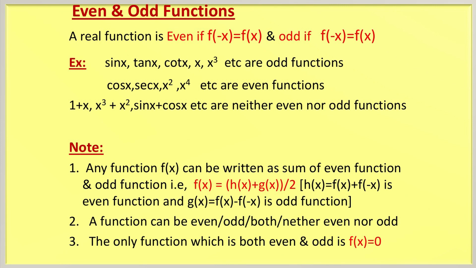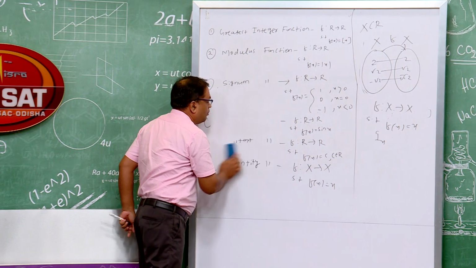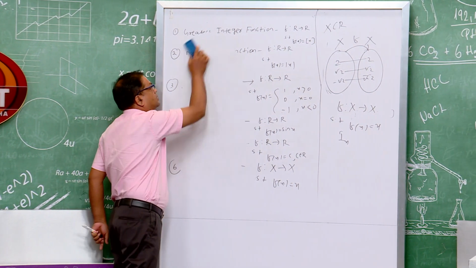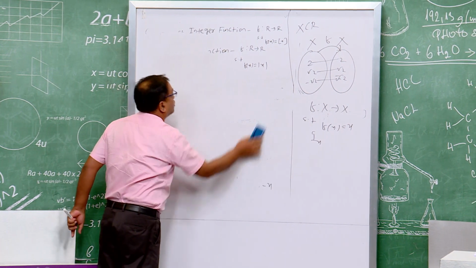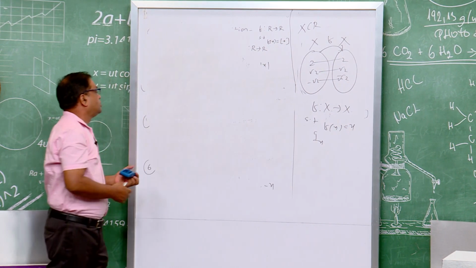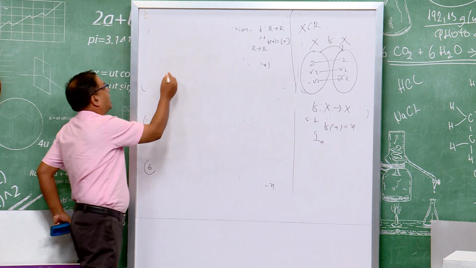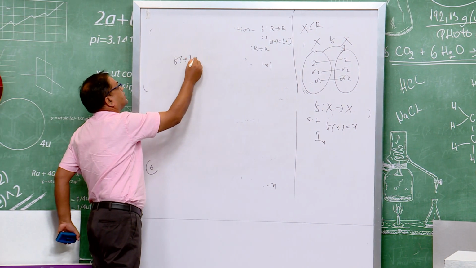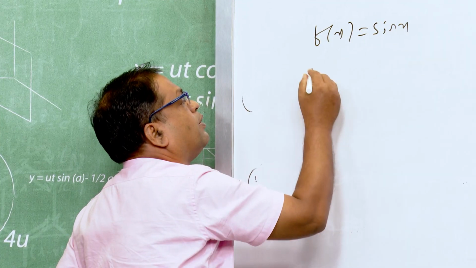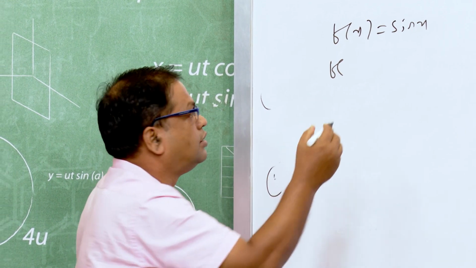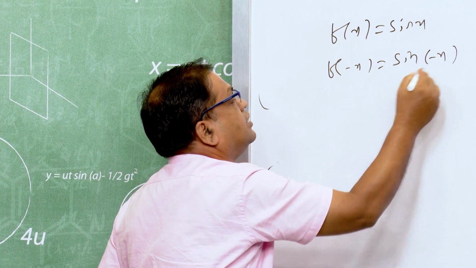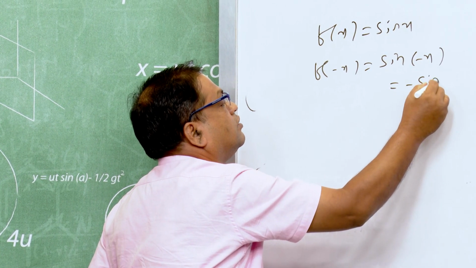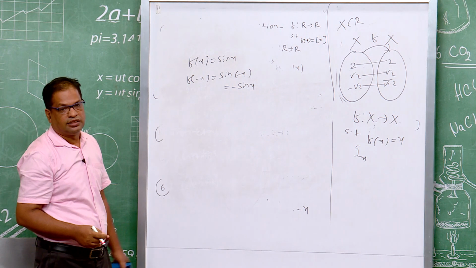How? So now we use the blackboard. What is an even function? f(minus x) is equal to f(x), and an odd function is f(minus x) equal to minus f(x). Suppose f(x) is equal to sin x. So f(minus x) will be sin of minus x, which is minus sin x.